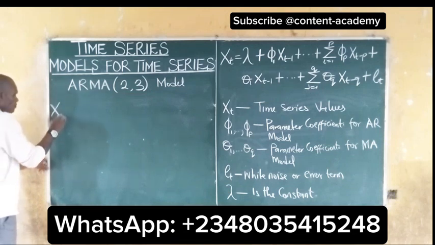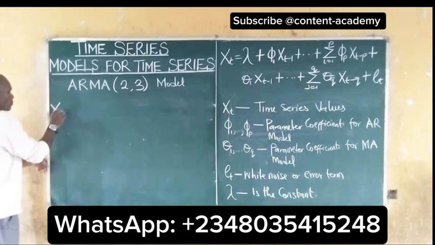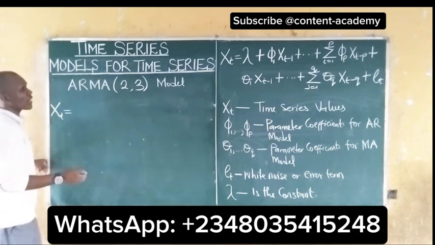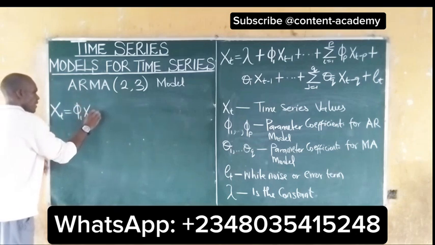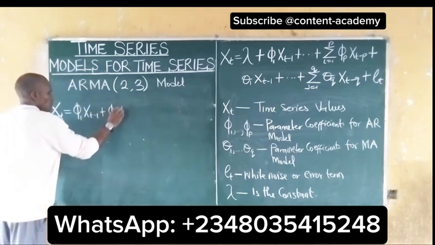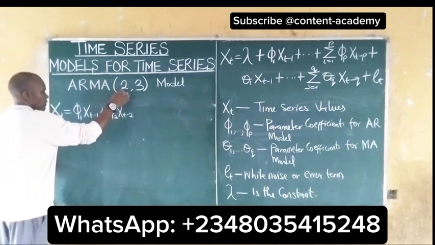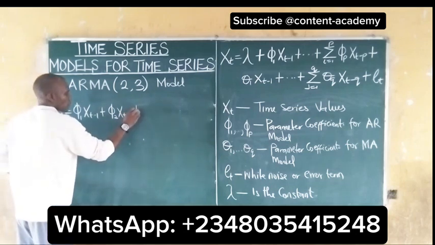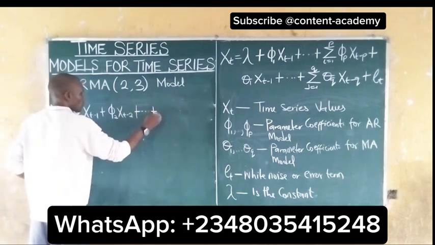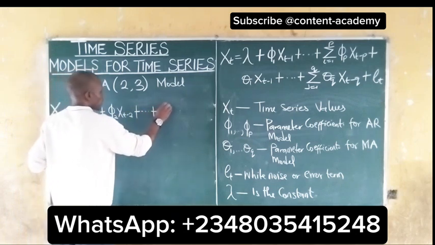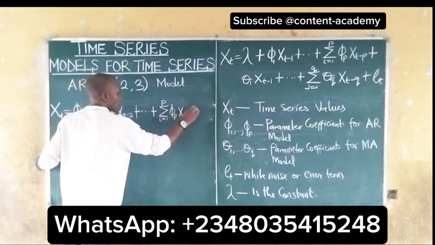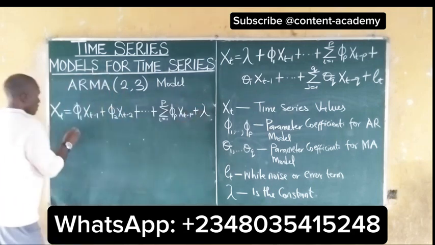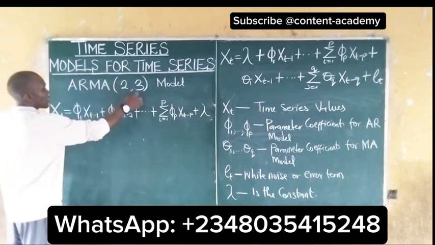First, our x_t is equal to the autoregressive model, which is phi 1 x_(t-1) plus phi 2 x_(t-2), and it continues, plus the summation of i running from 1 to p of phi_i x_(t-i), plus lambda, plus we continue with the moving average.